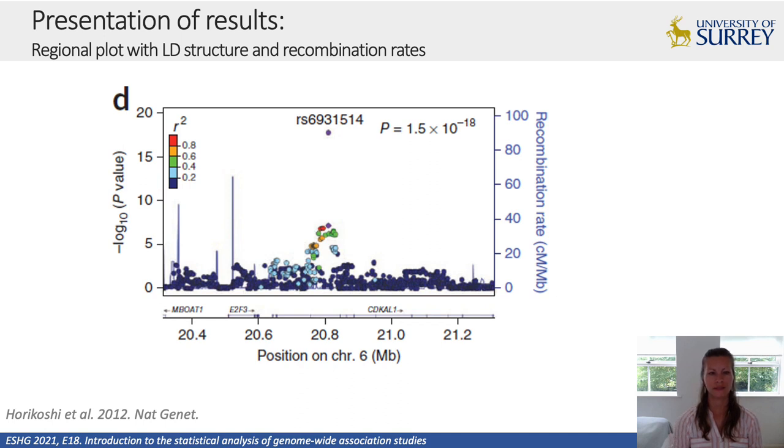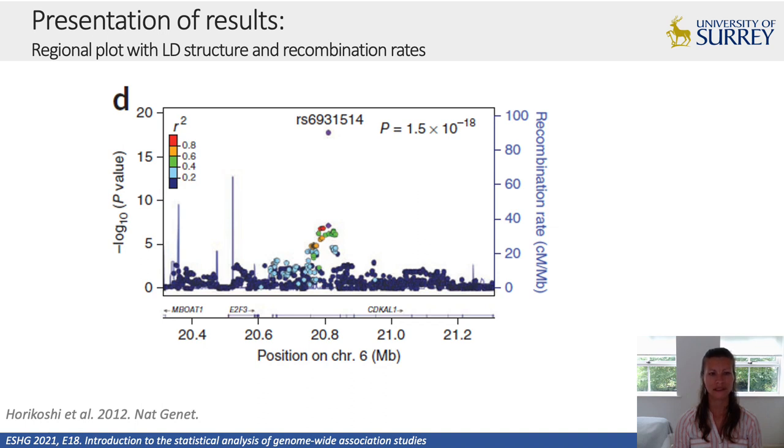Here we are looking at the CDCAL1 region from the previous slide in more detail by using a so-called regional plot or locus zoom plot. And here we see the most significantly associated SNP presented by its RSID, and then we see the linkage disequilibrium, the correlation with other SNPs in this region, presented by the color scheme shown on the left-hand side of the plot.